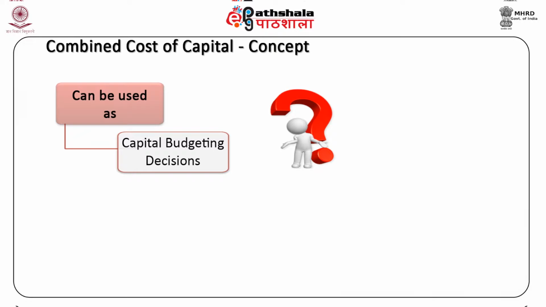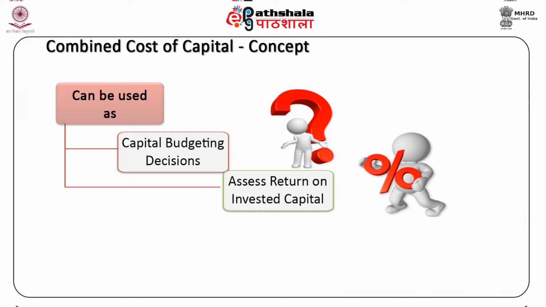WACC can also be used as a hurdle rate to assess return on invested capital, ROIC, performance. The return on invested capital measure gives a sense of how well a company is using its money to generate returns. Comparing a company's return on capital, ROIC, with its cost of capital, WACC, reveals whether invested capital was used effectively.